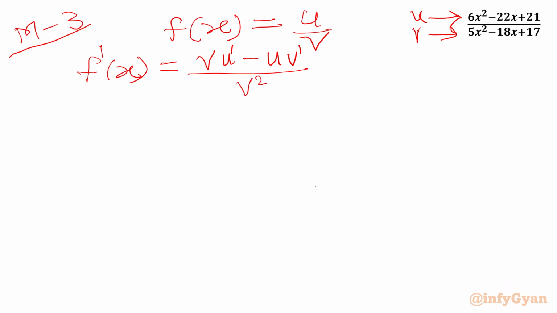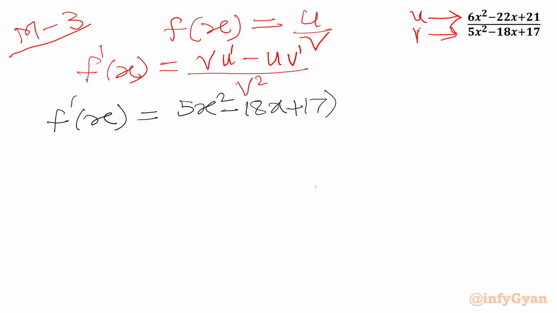So let us find f prime x. This would be v, so I need to write here 5x square minus 18x plus 17. Then we have to find the derivative of the numerator, the derivative of 6x square minus 22x plus 21, we will get 12x minus 22.